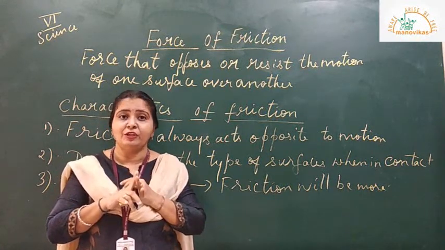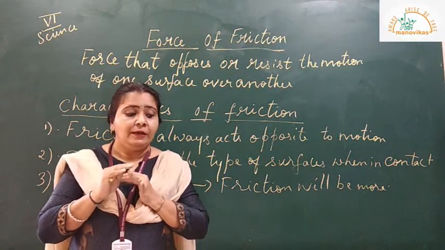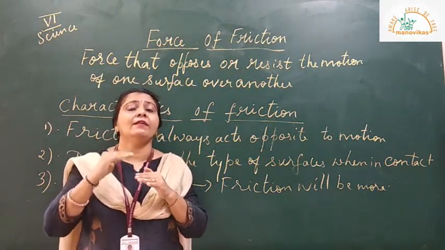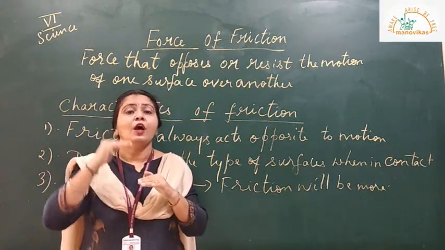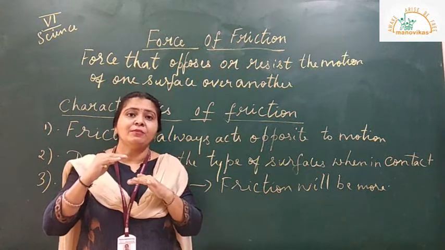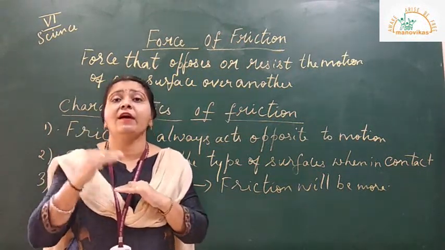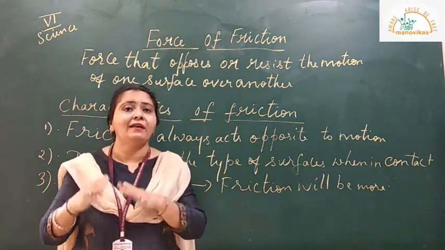Depression means a part of the surface which is lower than the other part around it, and elevation means a part of a surface which is higher than the other part around it.